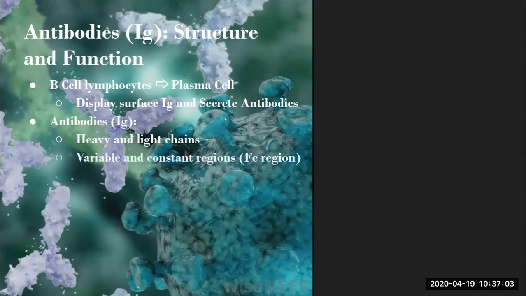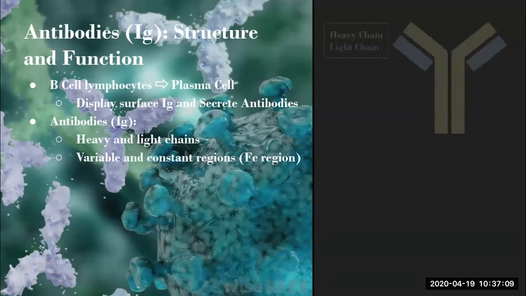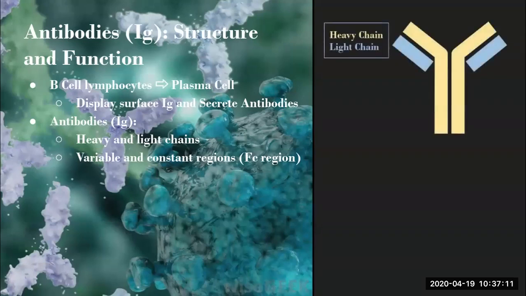We have variable and constant regions, also sometimes referred to as the fragment crystallizable region, or Fc region, towards the bottom of it. To show you what this looks like, I've color-coded the heavy chain, which is the green-looking color here. It's got two of those, which are identical, and it has light chains, which are these outside chains here, and these are also identical.